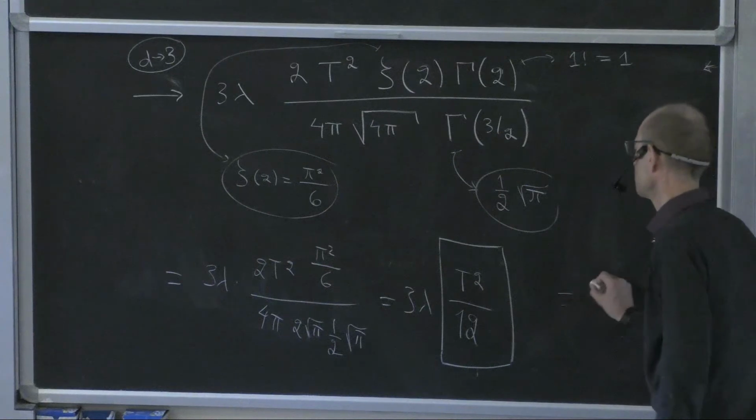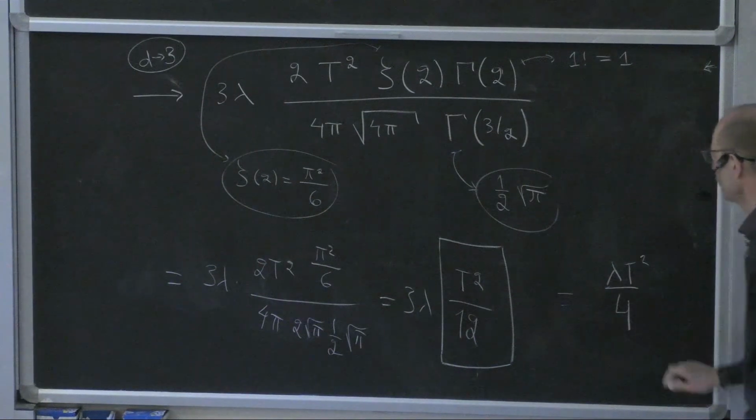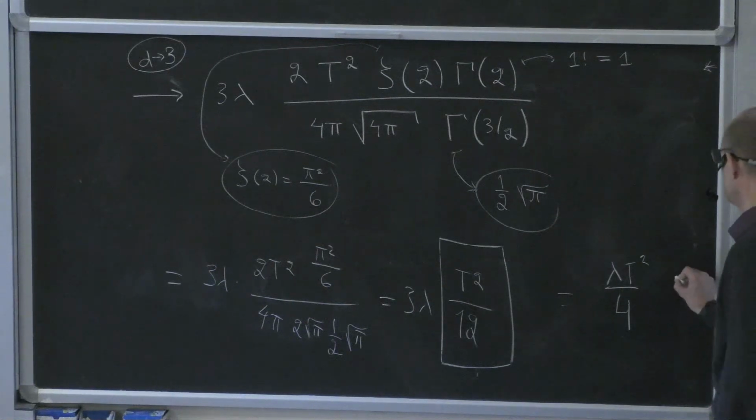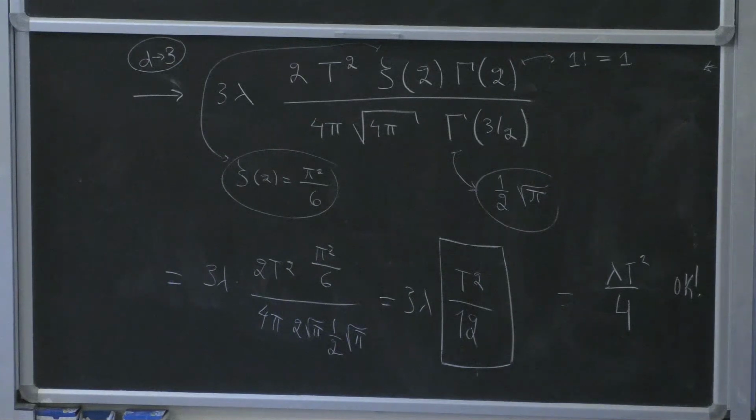And if I multiply, I get lambda T squared over 4, and if you remember, that was exactly the thermal mass we got yesterday for this scalar field. And so it's correct. It's correct, but now we got it much nicer, from doing a nice little computation of an honest one-loop diagram.